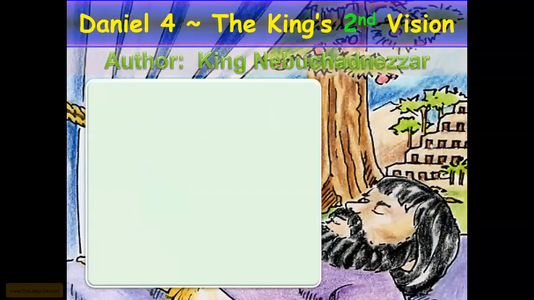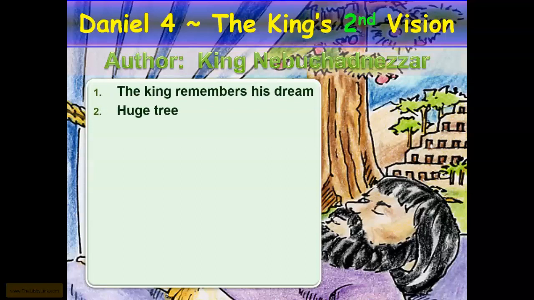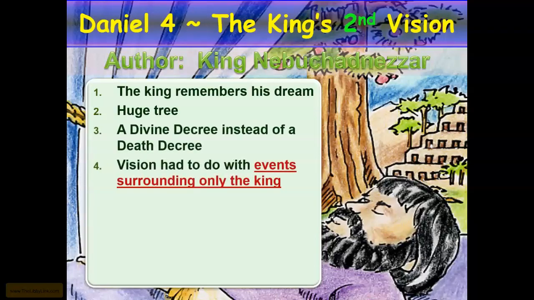Daniel 4, the king's second vision, and the author is King Nebuchadnezzar. This chapter is written by the king himself. This time, the king remembered every detail of his dream. It was definitely about a huge, huge tree. Instead of a death decree for the king's court, there was a divine decree issued ahead.